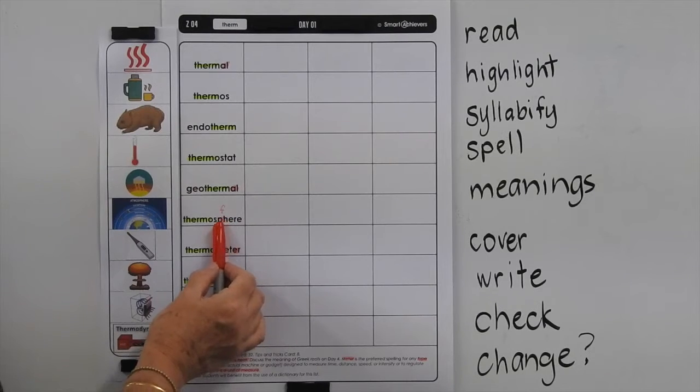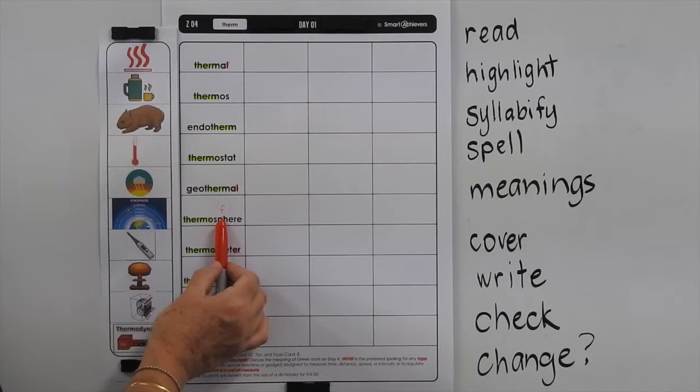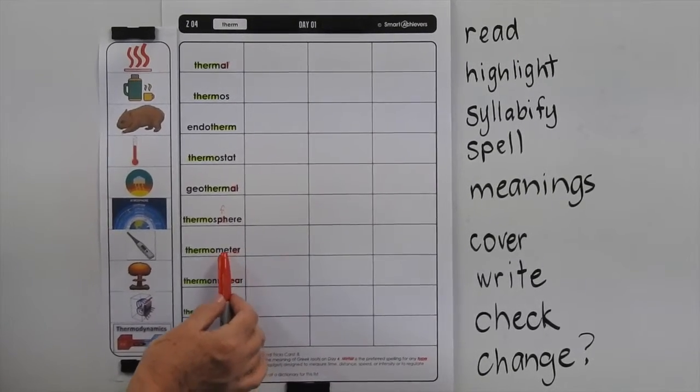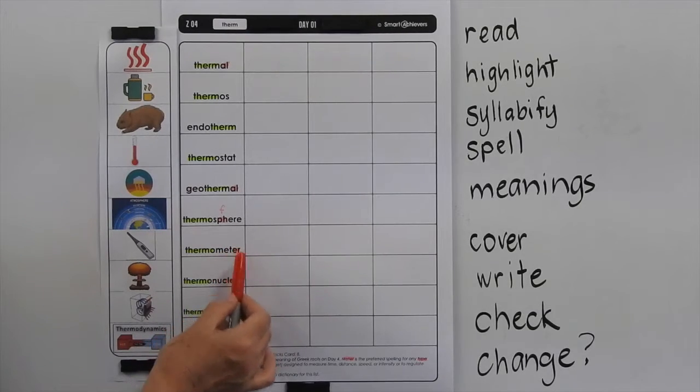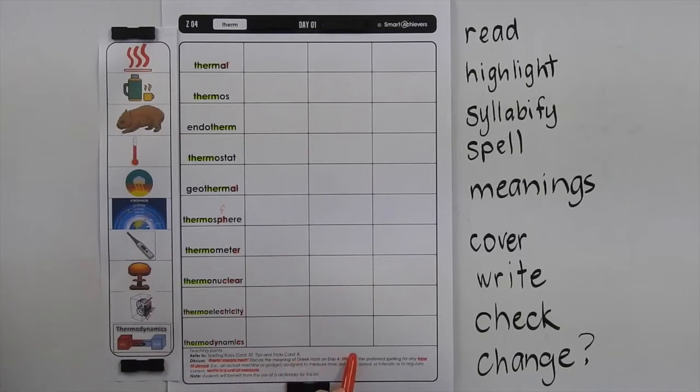Sphere, now when we have the PH for the sound, we know that's probably coming from the Greek language. And in meter here, when we have meter spelt with the ER at the end, and we've written it down here for you just in case you need to refer to it, ER is the preferred spelling for any type of device that is an actual machine or gadget designed to measure time, distance, speed or intensity, or to regulate current.